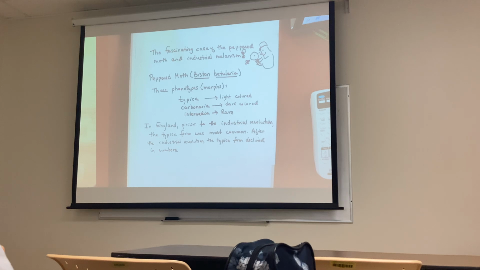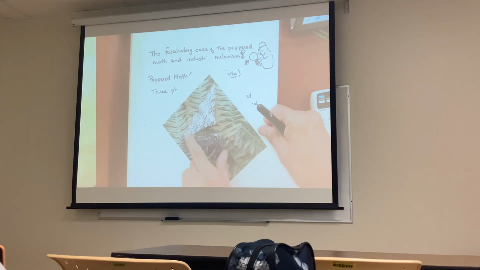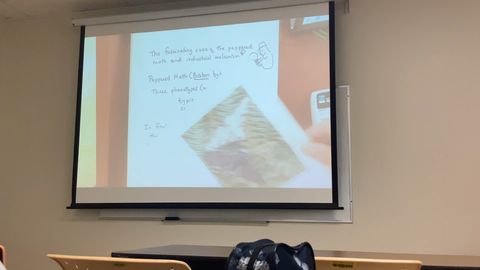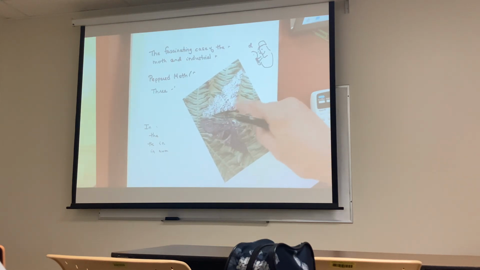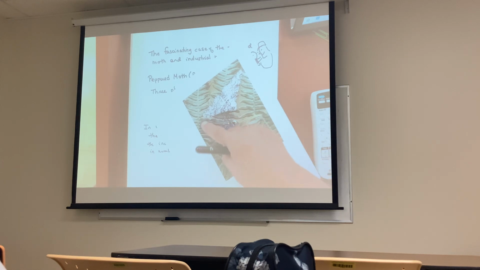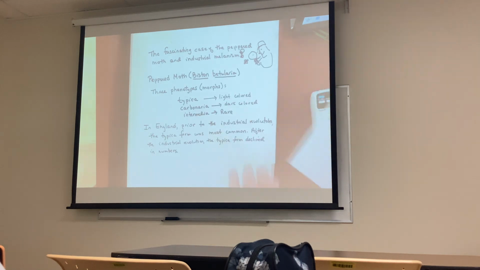But prior to that, the typica form, this light colored form, was common. Within a few years of the Industrial Revolution starting and the building of all these factories and the burning of coal, this form declined in numbers and this one increased in numbers. So why did that happen?